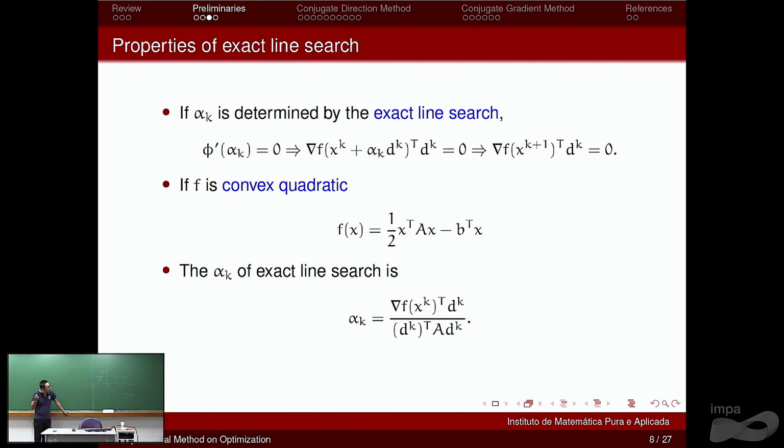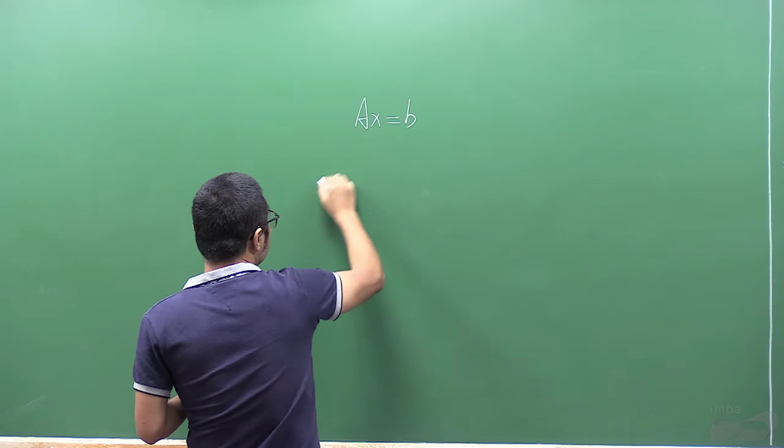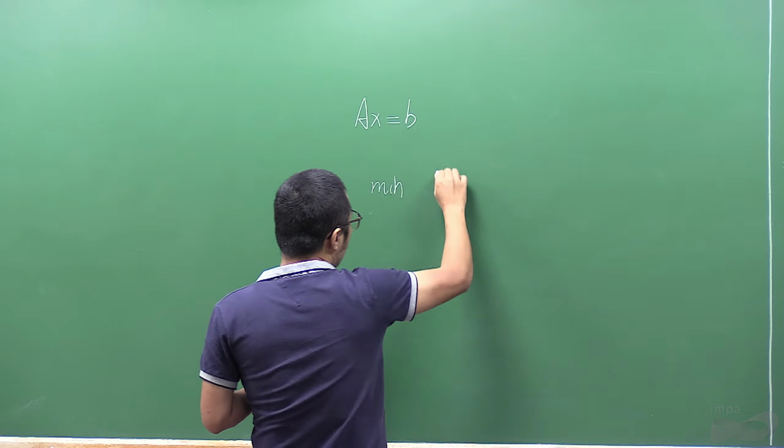Actually, the reason why we consider this convex quadratic is, remember in the beginning we were considering this problem, the linear system where we want to solve Ax equals b. Actually, this problem is equivalent to minimizing this function.